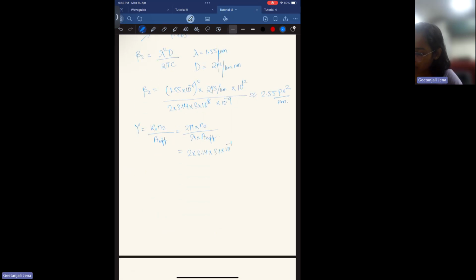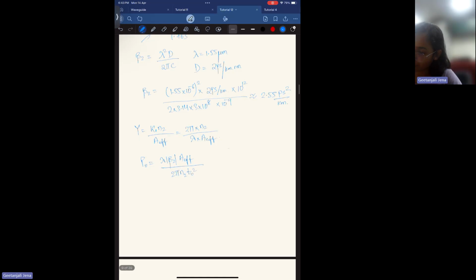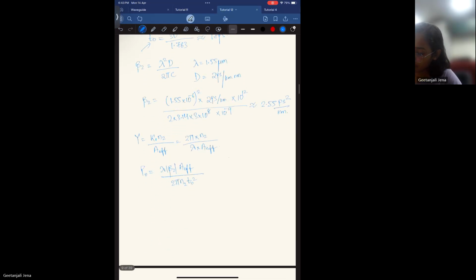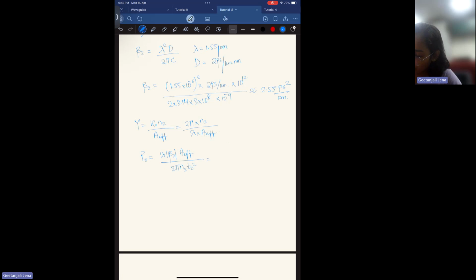Instead of calculating this again, we can directly put it here so that we can easily find P0, which we require. P0 will be lambda beta 2 A effective over 2 pi n2 T0 square. So lambda is 1.55 micrometer, and beta 2 is 2.55 picosecond square per kilometer.